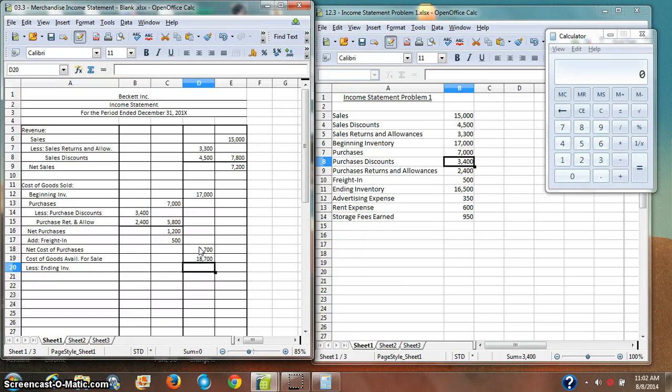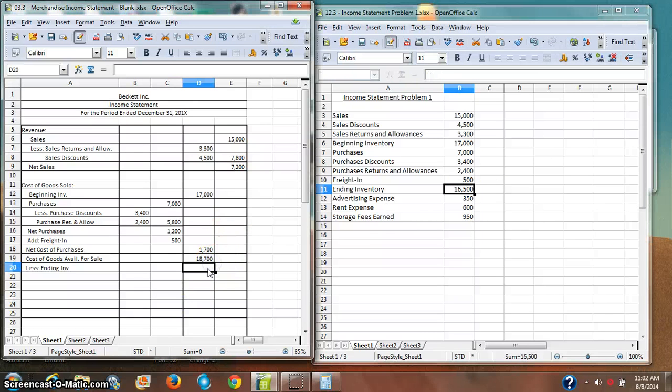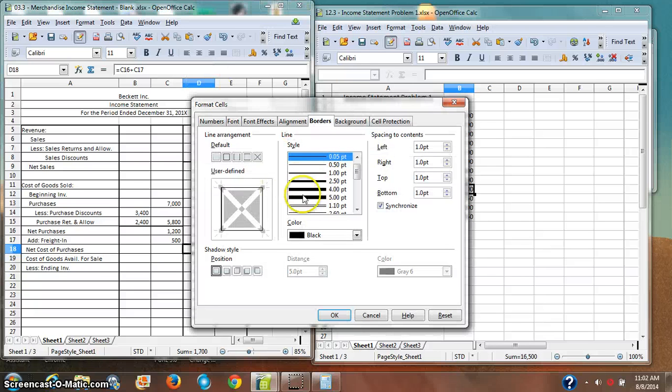And again, this is one where your problem might say ending inventory. It might say inventory as of the final date, but this is that number here. Let me put a line in here as well. We've got the net cost of purchases, and then I'll put a line beneath that.